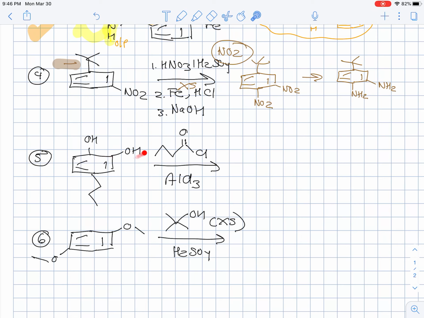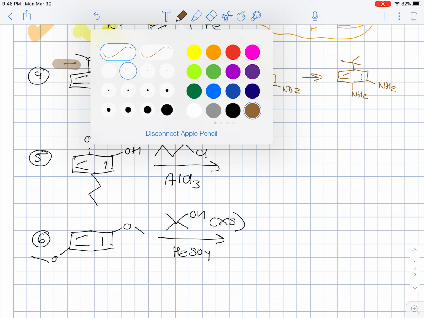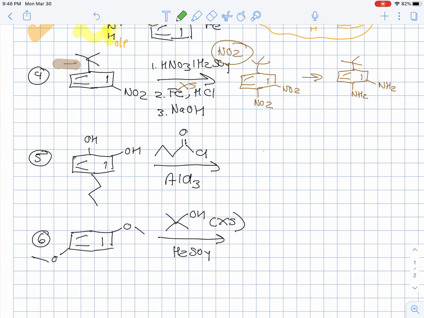Now, is it conceivable that there's some kind of a steric factor because these OH groups might be smaller than this propyl group? Maybe, but we're going to make an educated guess here that the major product is going to be the one where this acyl group goes on the position that's ortho to the ortho-para director, para to the other ortho-para director.